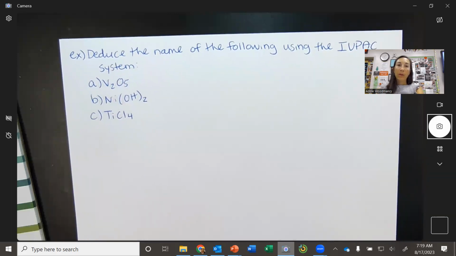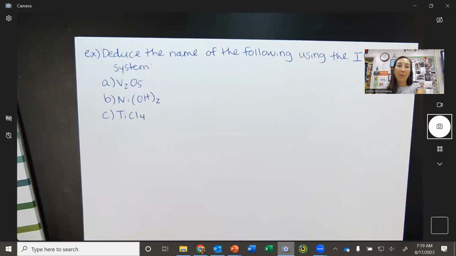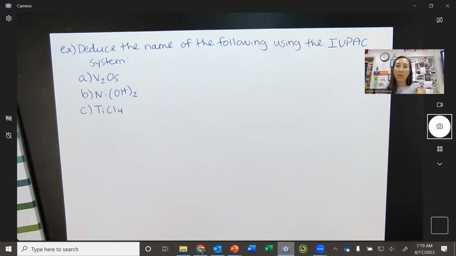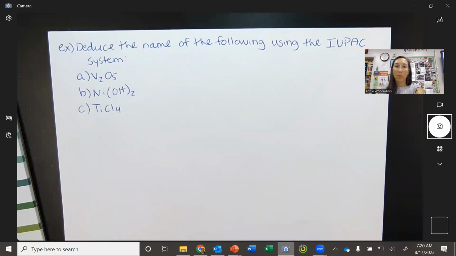All right, so we're going to figure out the names of these compounds and then use the IUPAC system to name them.